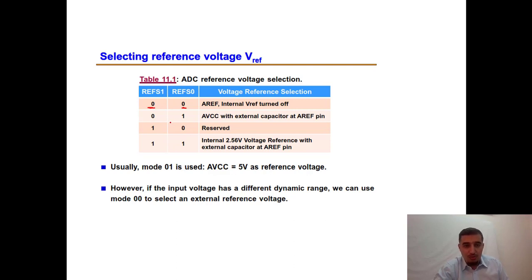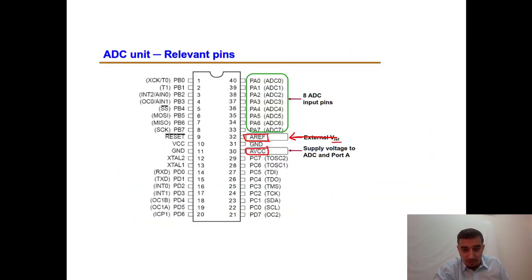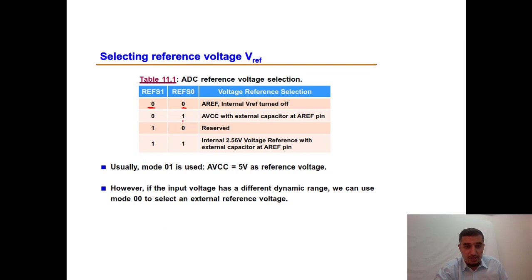If I want to use AVCC with an external capacitor at the AREF pin, I can use this one as my external value, and to use it I will choose 0, 1.